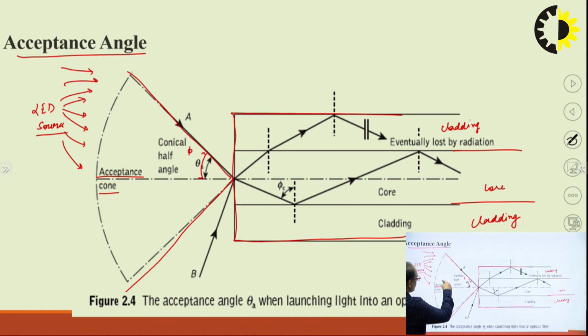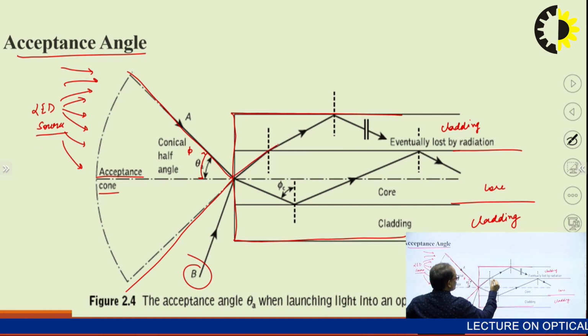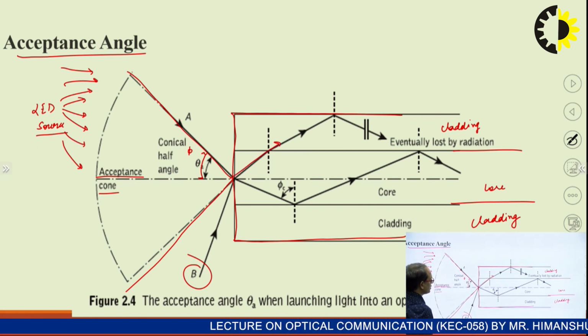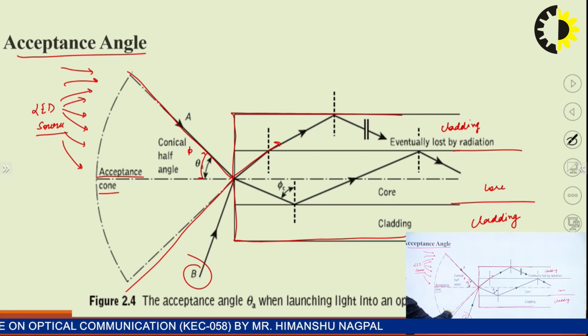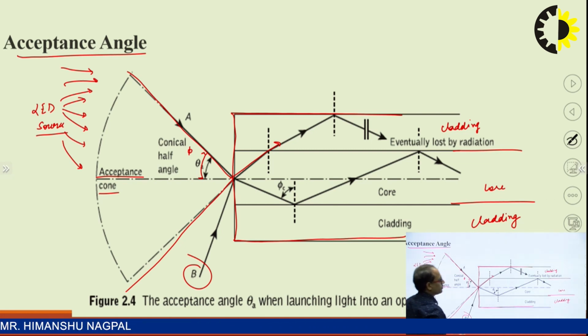The ray which is outside this acceptance cone, that is ray B, let's say, will not follow the total internal reflection, and so this is known as the acceptance cone.